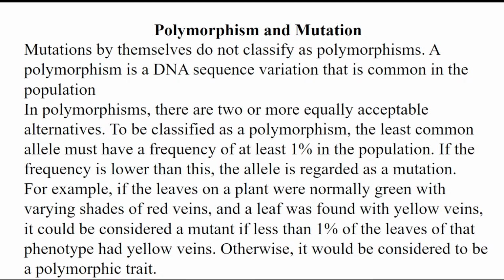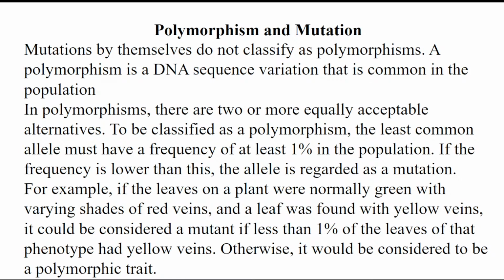For example, if the leaves on a plant were normally green, with varying shades of red veins, and a leaf was found with yellow veins, each could be considered a mutant if less than 1% of leaves of that phenotype had yellow veins.